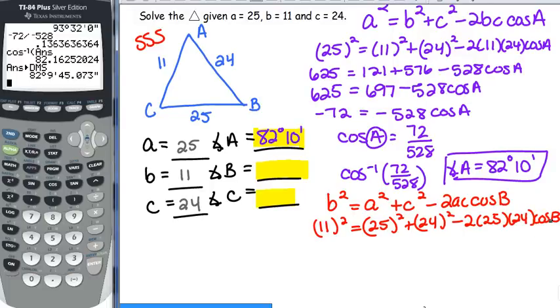Go ahead and press pause. Go ahead and go through this. Don't round until the very end and see if you can correctly come up with angles B and C.